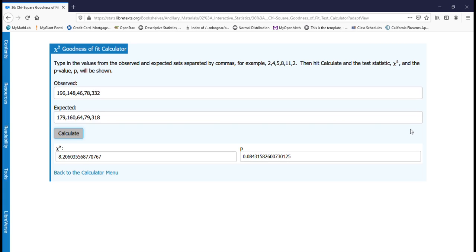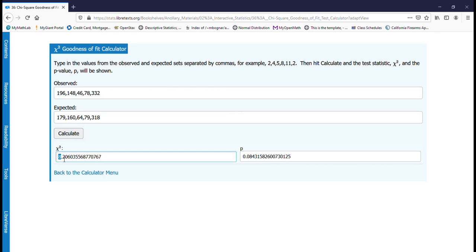To do this on the computer, go to the goodness of fit calculator and enter the observed counts. And also enter the expected counts. Make sure you put a comma in between each of your entries, and then select calculate, and you should get your chi-squared statistic, which is 8.206, and here's our p-value, 0.0843.